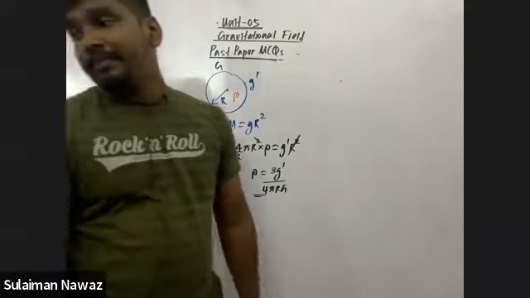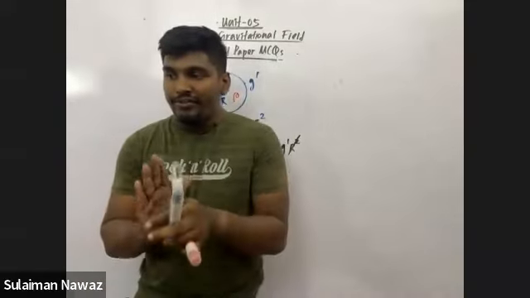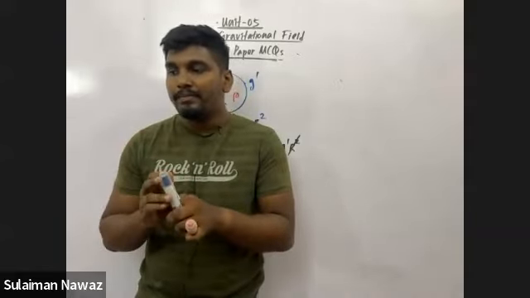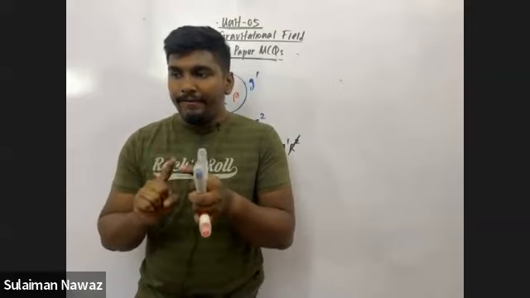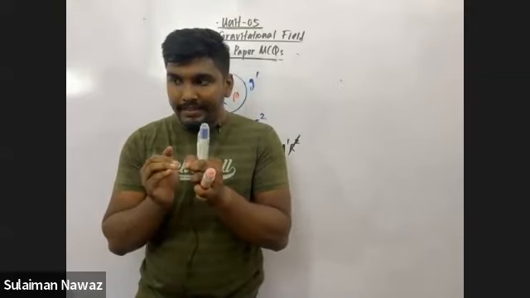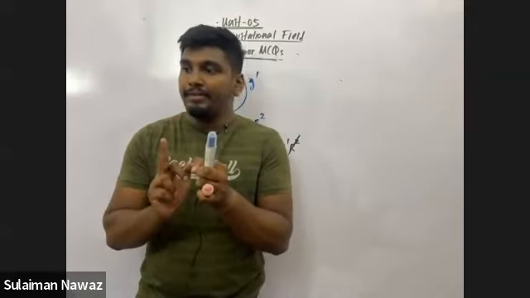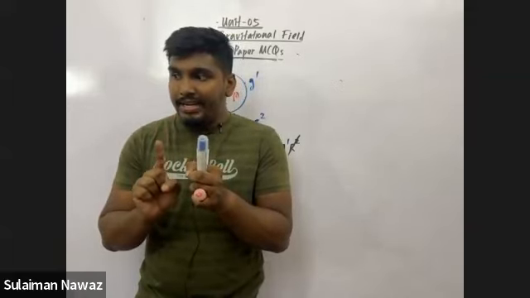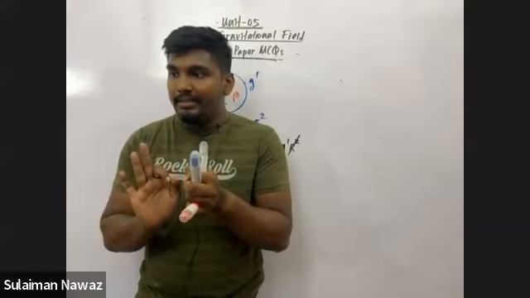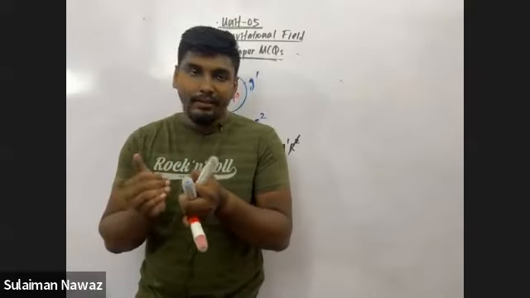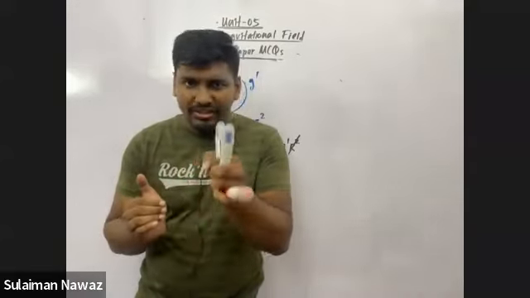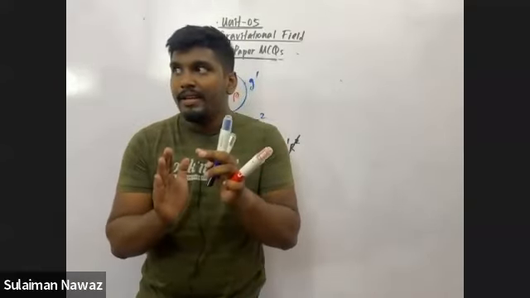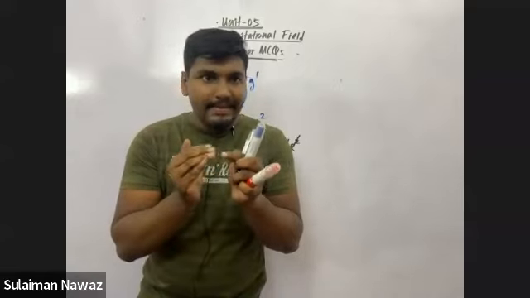1997. The weight of an object on the Earth's surface is 600 Newton. At a height of 1 Earth radius above the Earth, the weight of the object will be? This question is also very similar to a question that we discussed today. Now they have mentioned there's an object whose weight is 600 Newton.